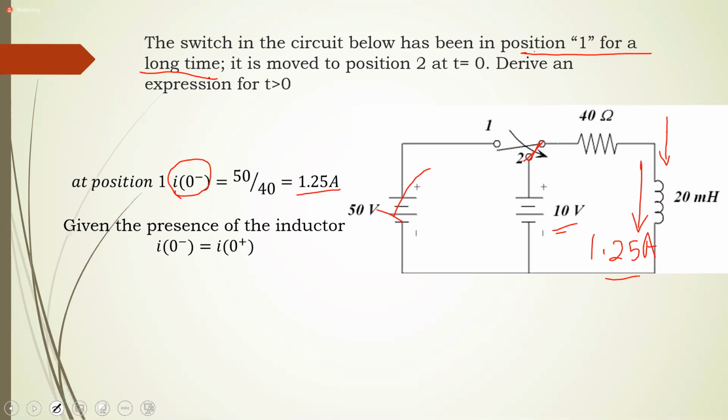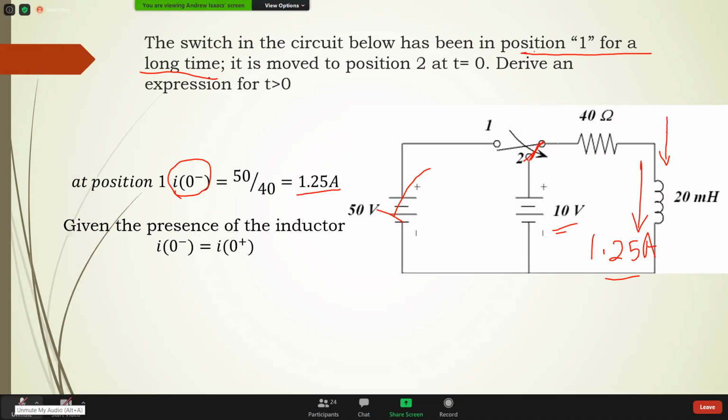This was the reason I emphasized having moved the switch to position 2, and I said after a long while. First of all, the fact that I have switched from 1 to 2, what would I have caused by making a switch?